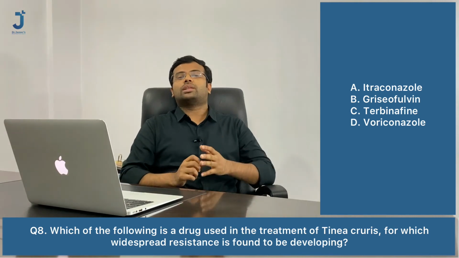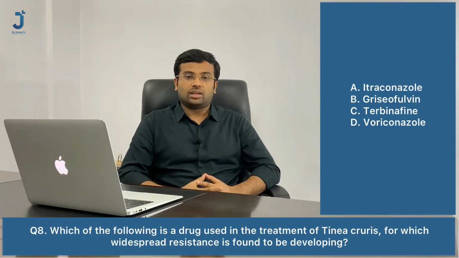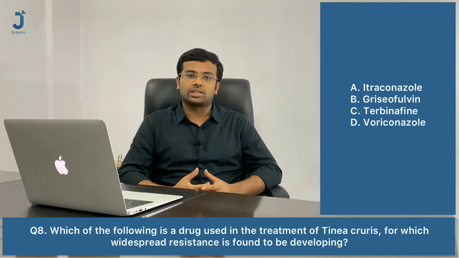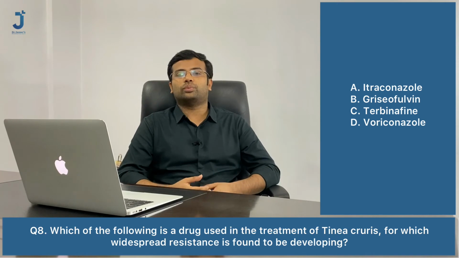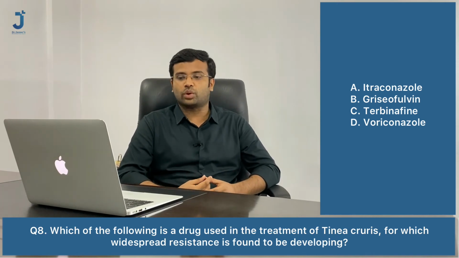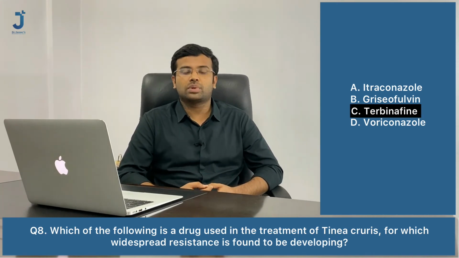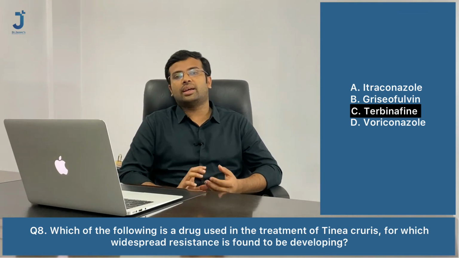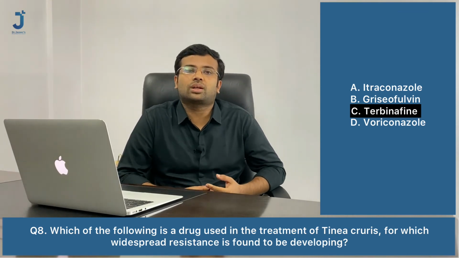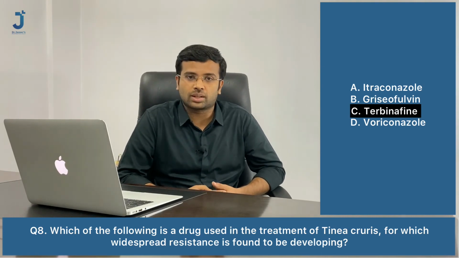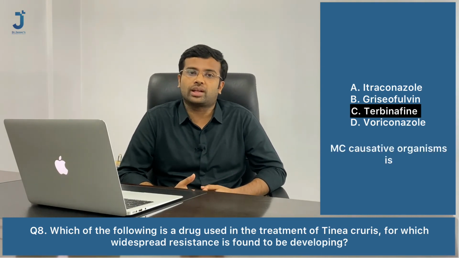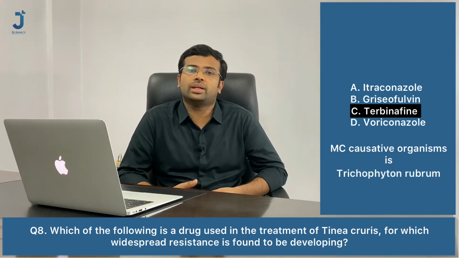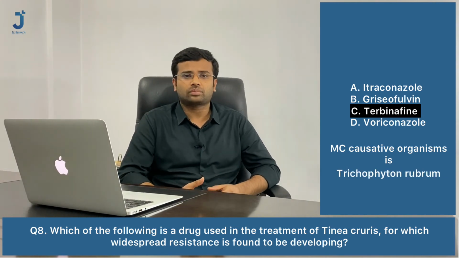So among all these antifungal agents, the one that is developing a lot of resistance recently due to overuse or misuse is going to be terbinafine. There have been studies which show that terbinafine gives excellent results against Tinea cruris, because Tinea cruris is a dermatophytic infection and the most common causative organism is Trichophyton rubrum, and terbinafine usually responds very well.